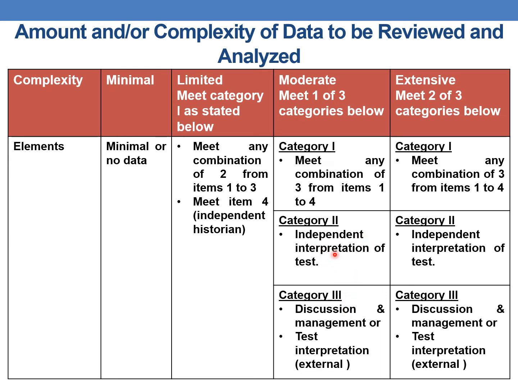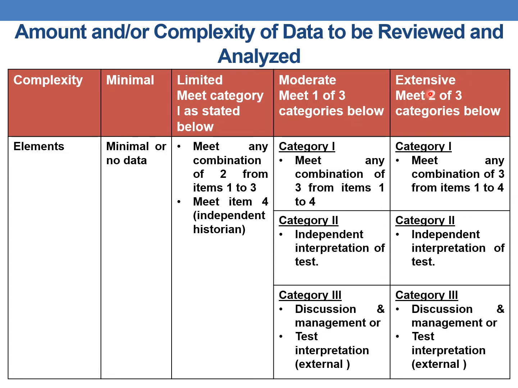Category 2 is independent interpretation of test. Category 3 is discussion of management or test interpretation with external professionals. If any of these is met, with category 1 requiring 3 from items 1 to 4, moderate complexity can be assessed for the amount of data.